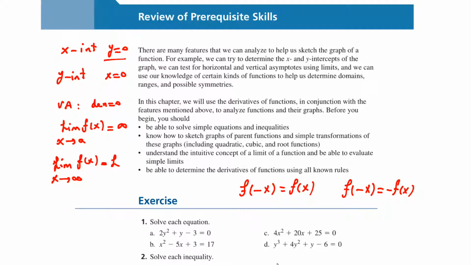We should be able to work with inequalities very well in this chapter. We need to draw the sign chart for derivative of a function. Whenever derivative is positive, we'll see function is increasing, and whenever derivative is negative, function is decreasing.